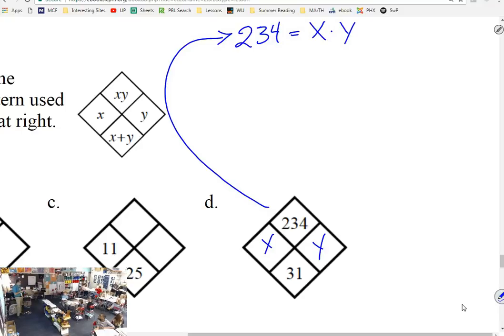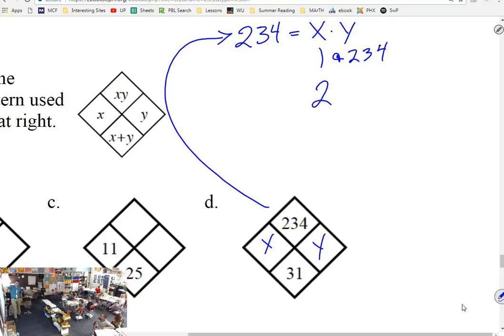Obviously 1 and 234. We can go ahead and rule that out. Right? So we need factors that will add up to make 31, but yet multiply to make this giant number. So when I start thinking 1 and 234, that's obviously wrong because this is way too big.